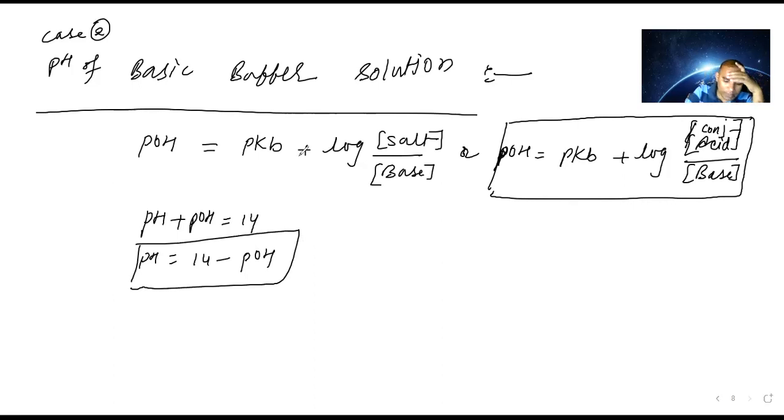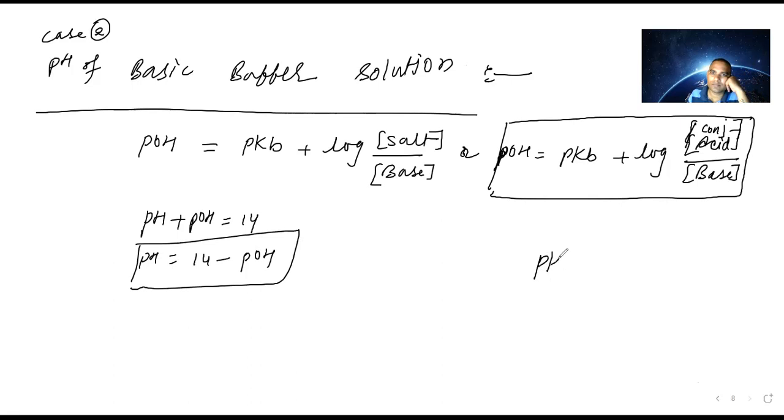Will you be able to understand this one? I didn't quite understand. So pH is equal to 14 minus pOH.